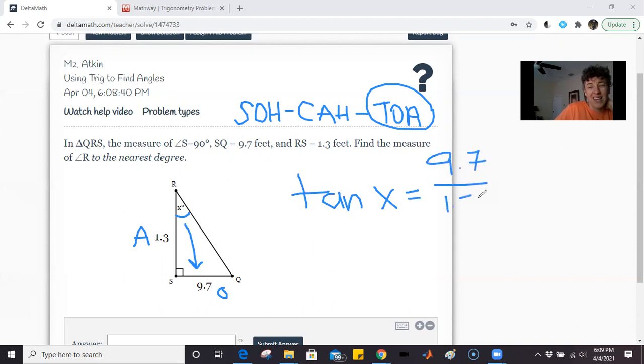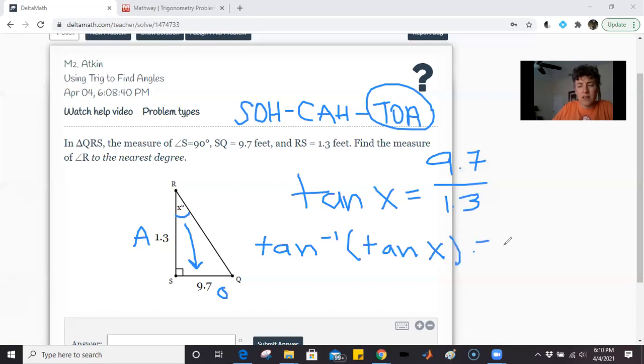over 1.3, and you guessed it, we're going to take the inverse tangent of both sides to get x by itself. Inverse tangent of x is going to equal inverse tangent of 9.7 over 1.3.